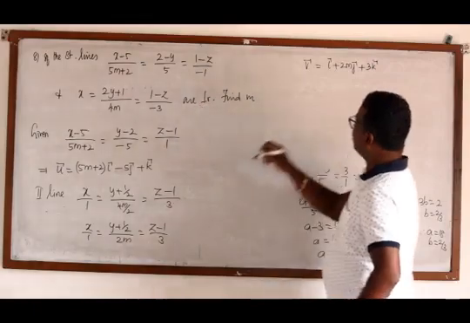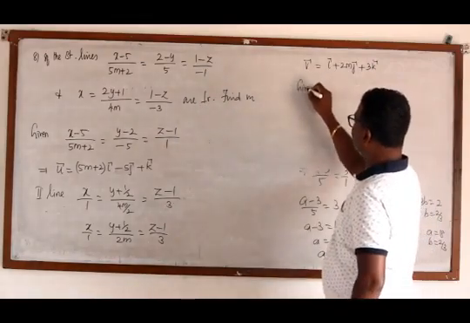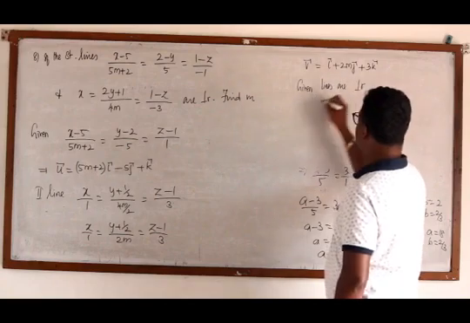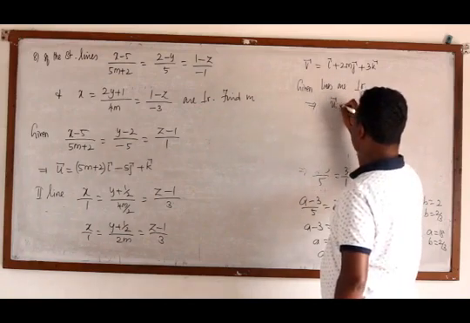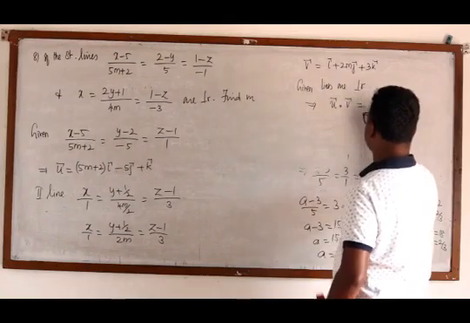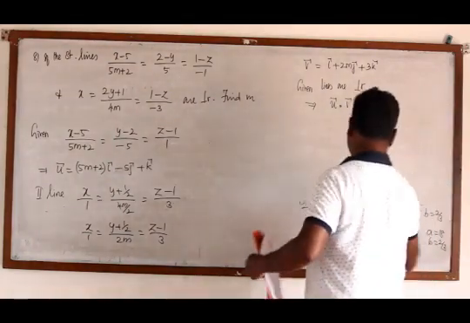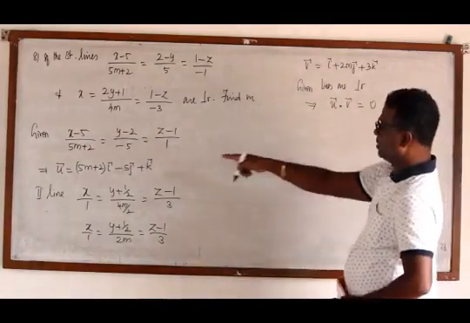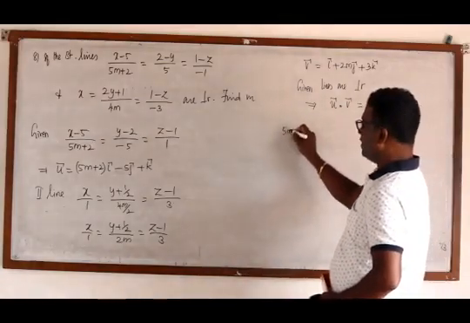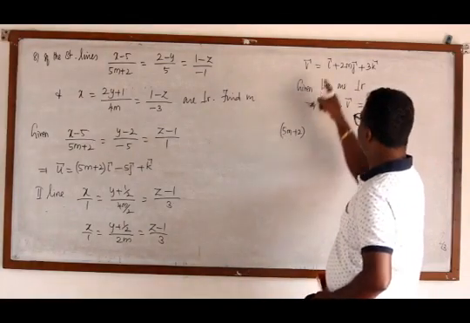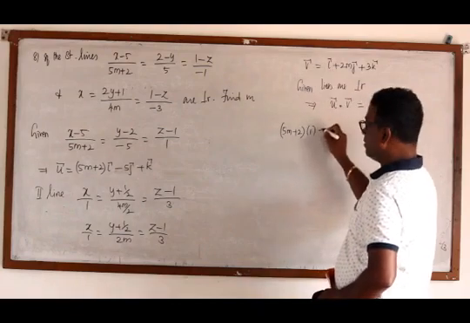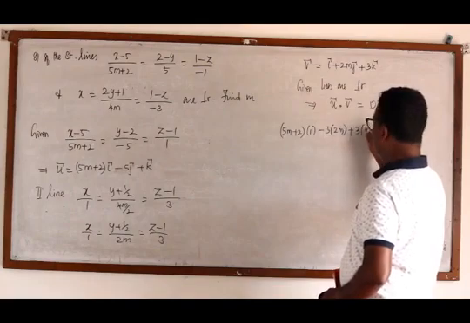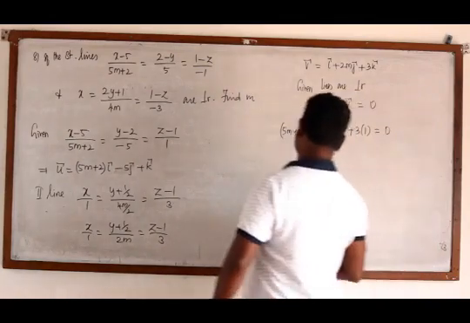Given lines are perpendicular, in that case u vector dot b vector equal to 0. That means (5m plus 2) into 1, minus 5 into 2m, plus 1 into 3 equal to 0.